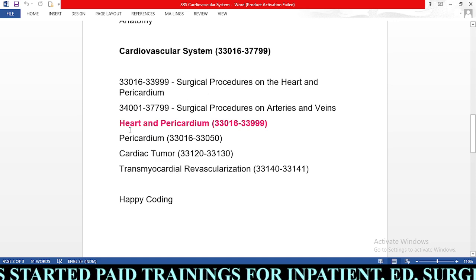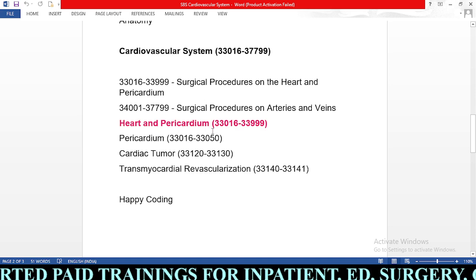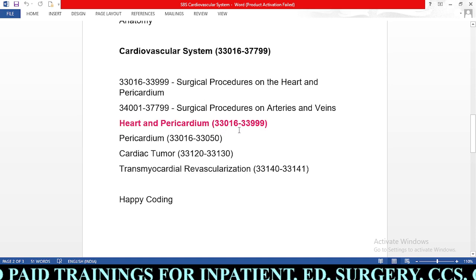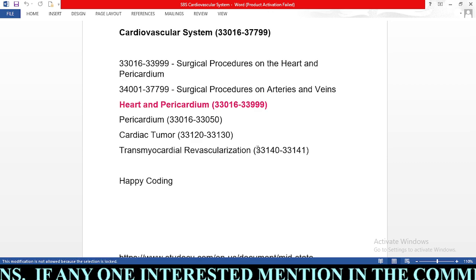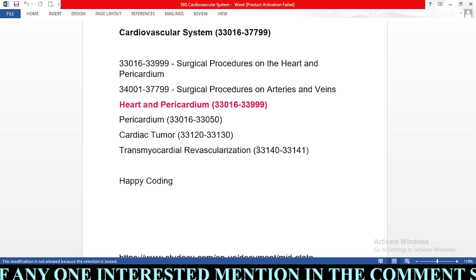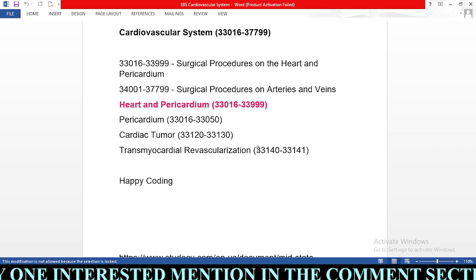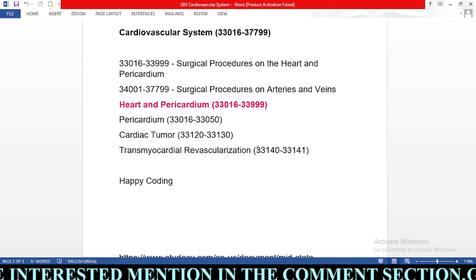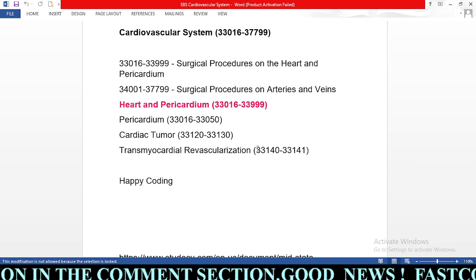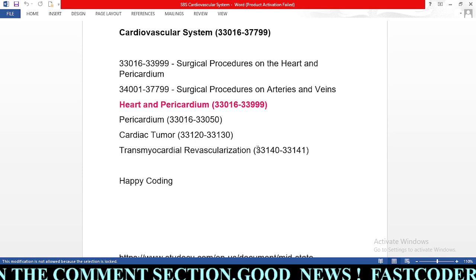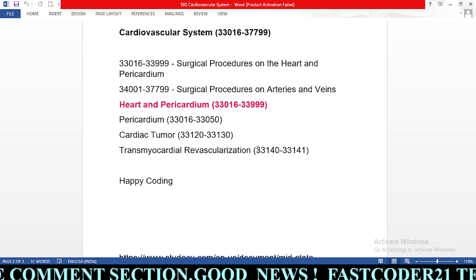So now we will learn heart and pericardium. Pericardium procedures start from 33010 to 33050. So what is pericardium? Pericardium is a fibrous sac that encloses the heart and great vessels.